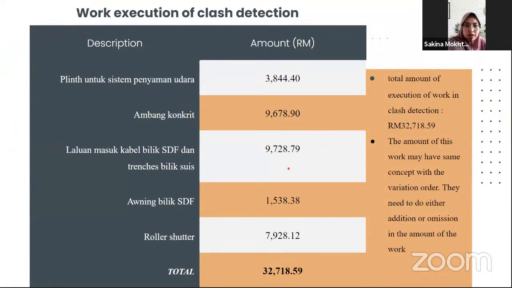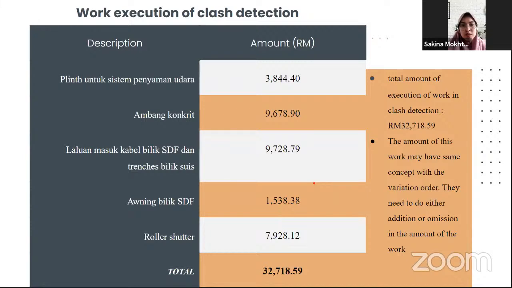Okay, all right. Another thing that you need to work on is the way you presented your clash detection. If you're not able to do a quantification of the clash detection, at least do an estimate of the items that would have impacted the cost.